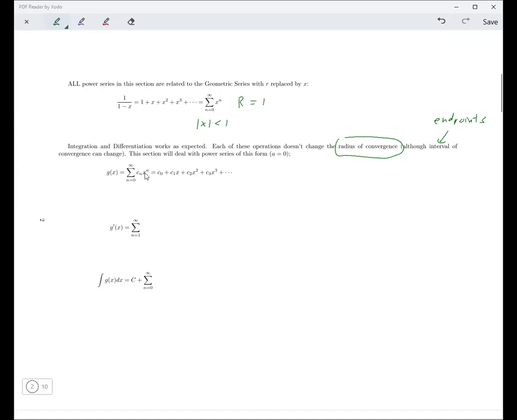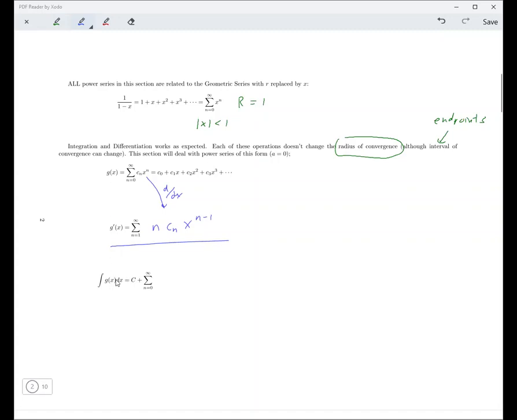The derivative, you just take the derivative of each term, and that's going to give you n Cn x to the n minus 1. Okay, just taking derivatives of that, and that'll be the series of the derivative of g of x.